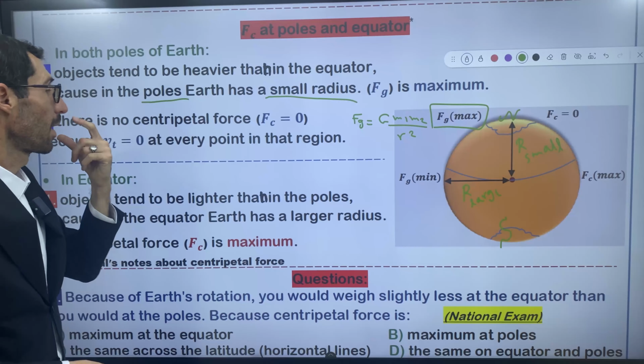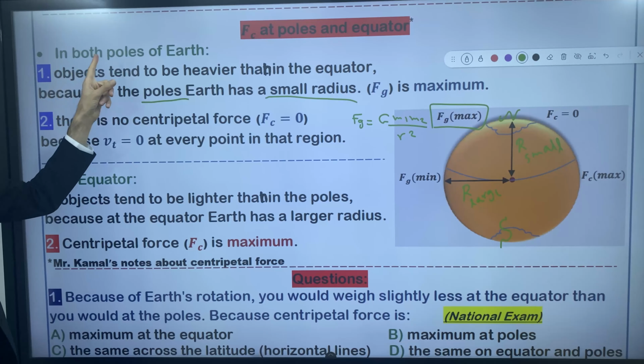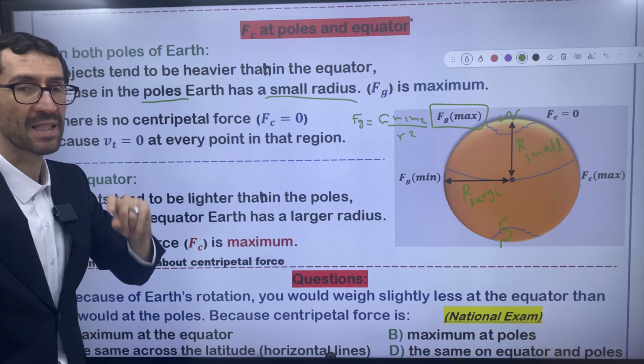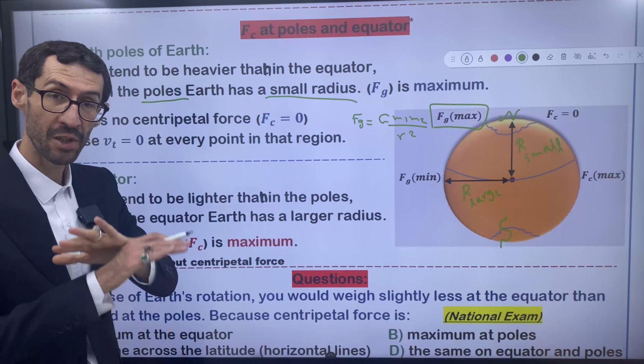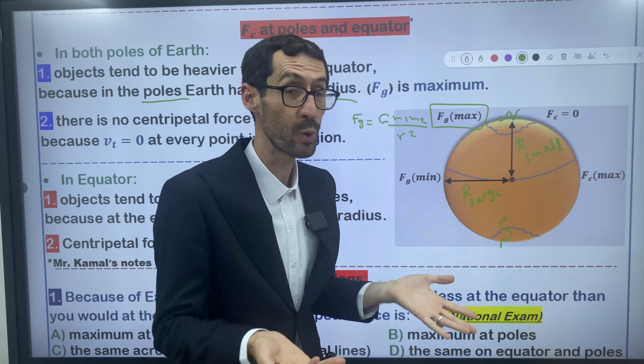But the second note: at both poles of Earth, there is no centripetal force. Fc is equal to 0. Why? Because tangential velocity is equal to 0.